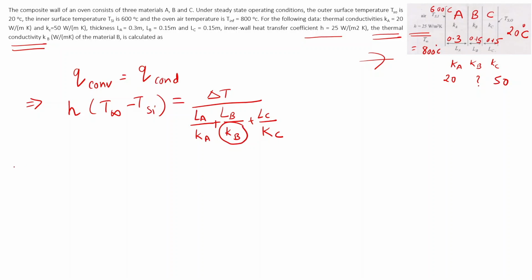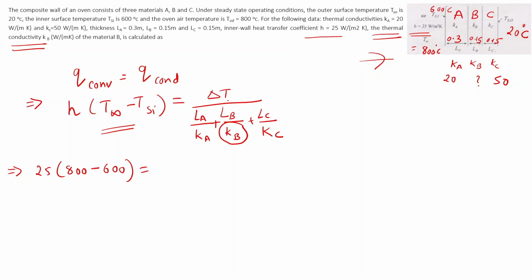Okay, so we will just straightforwardly put in those values that we are having. 25 times 800 minus 600. Since we are calculating the difference, we need not convert them into Kelvin. We can keep it in Celsius.